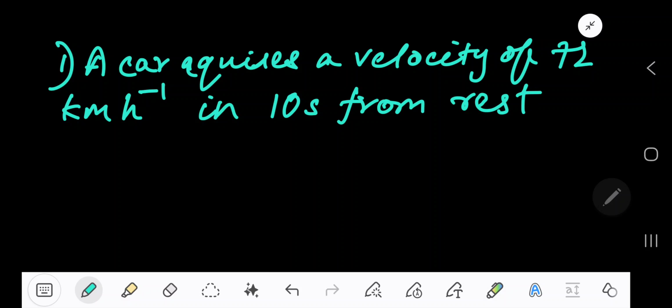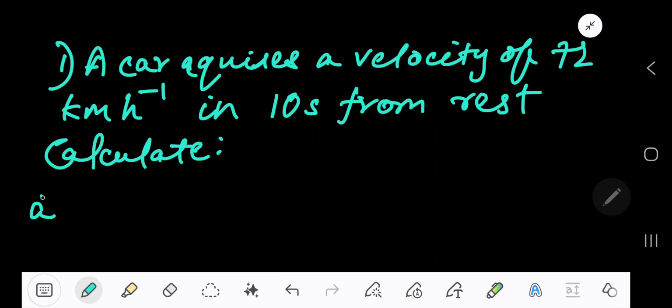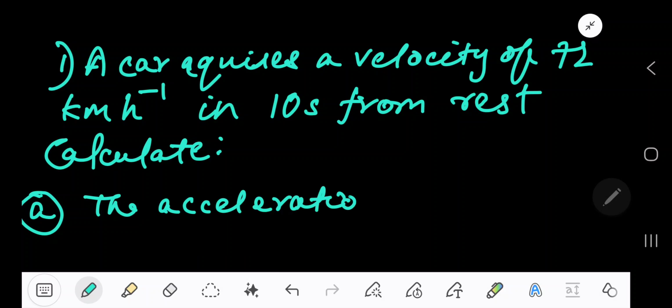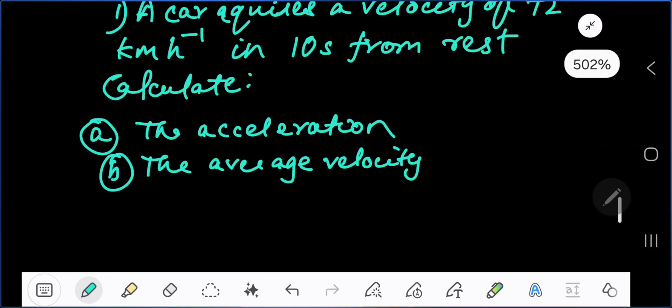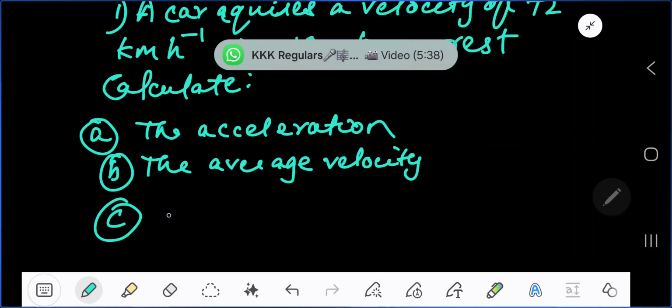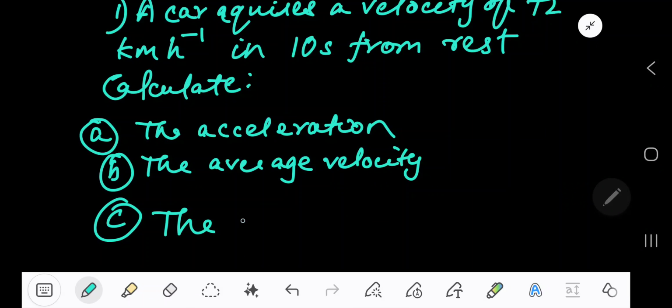Calculate first the acceleration, then calculate the average velocity, and then calculate the distance traveled in this time.